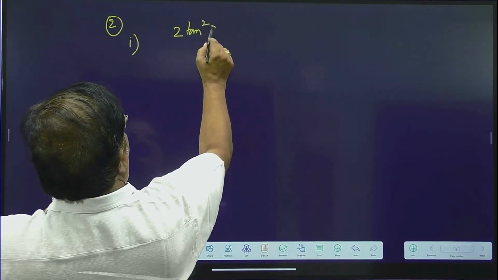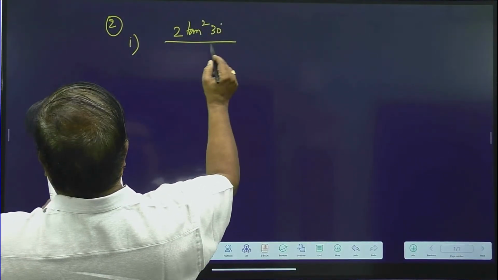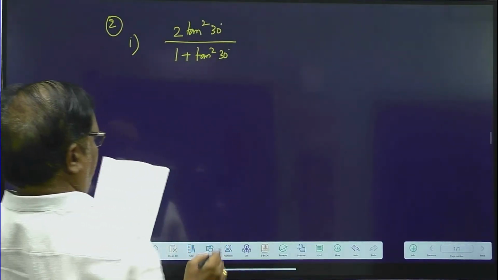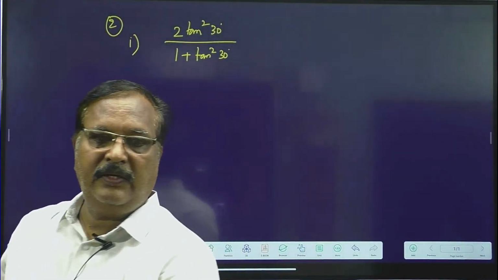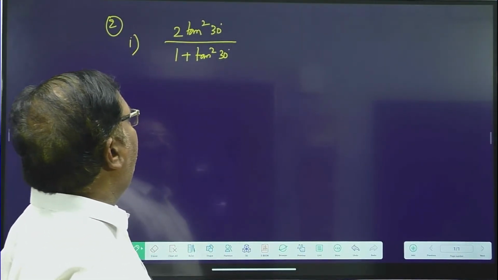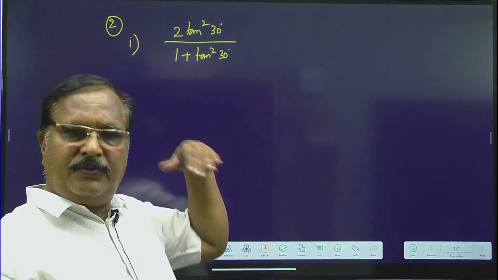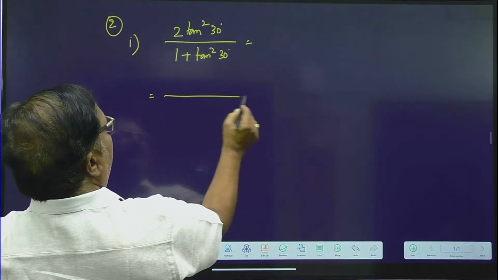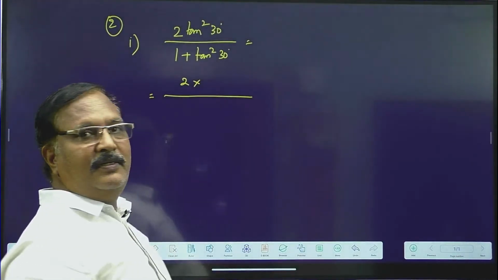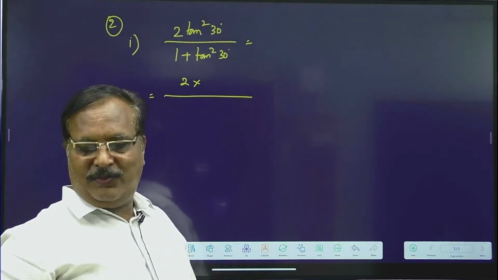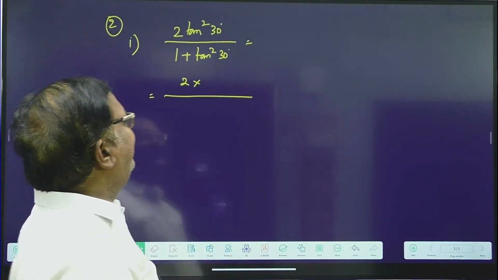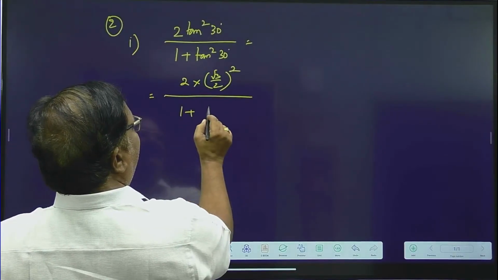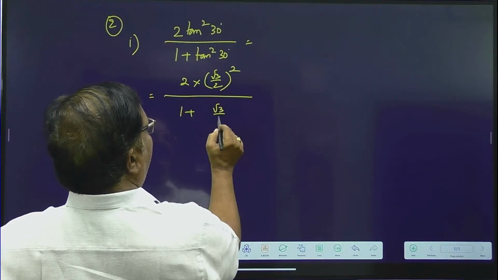I am doing this like a question: 2 tan 30 degrees by 1 plus tan square 30 degrees. Okay. So now substitute the value of tan 30. Once you substitute, 2 into root 3 by 2, root 3 by 2 whole square, 1 plus root 3 by 2 whole square.